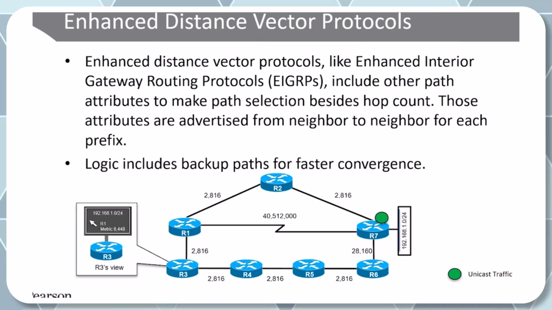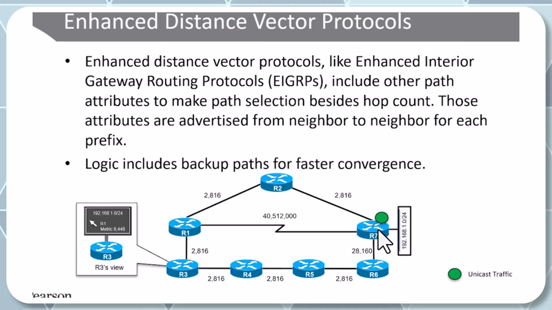So now if we talk about enhanced distance vector protocols, here one example is given. For example, a packet wants to go from router 3 to router 7. So which path is it choosing? It is choosing this path, router 3, router 1, router 2, and then R7.